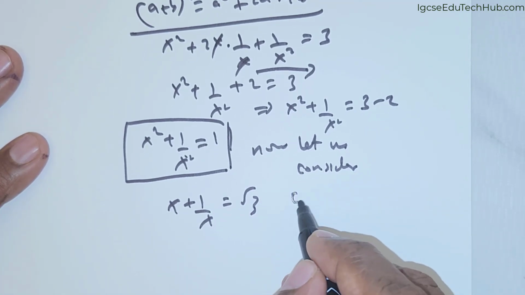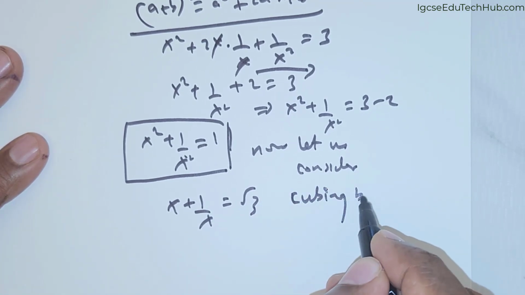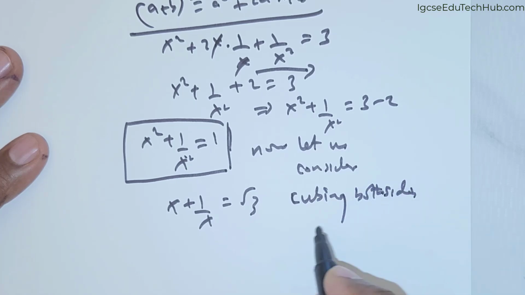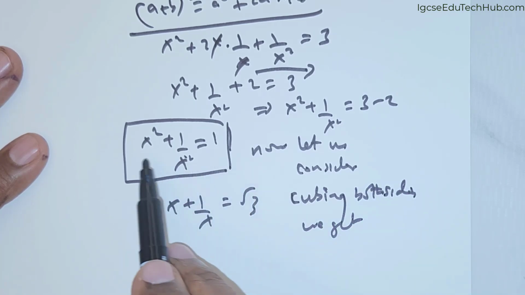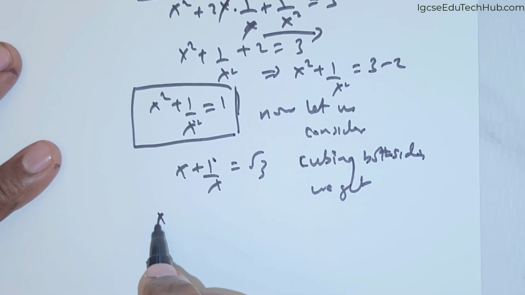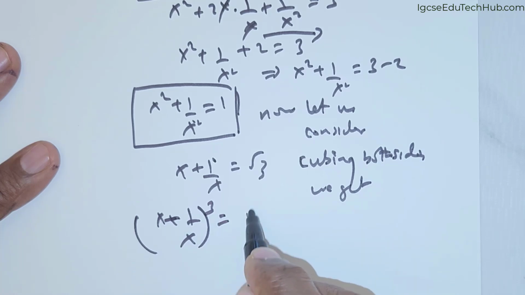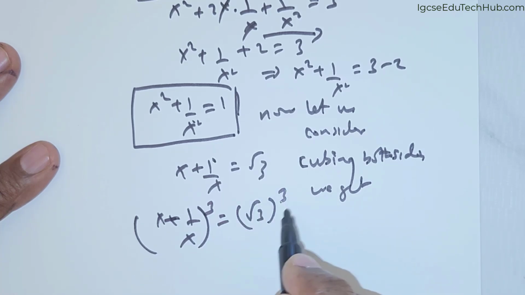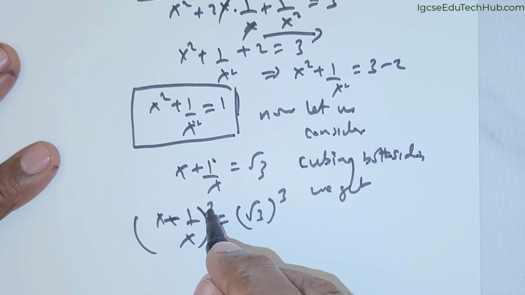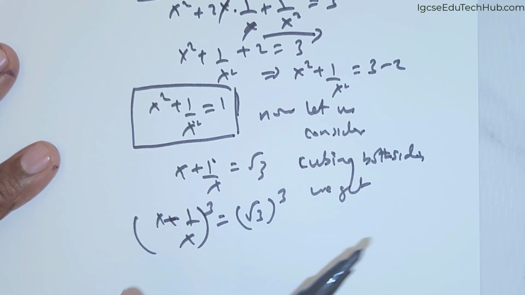Now cubing both sides we get, so in the first case we squared both sides, in this case we are cubing: (x + 1/x)^3 is equal to (root of 3)^3. This is the present scenario.